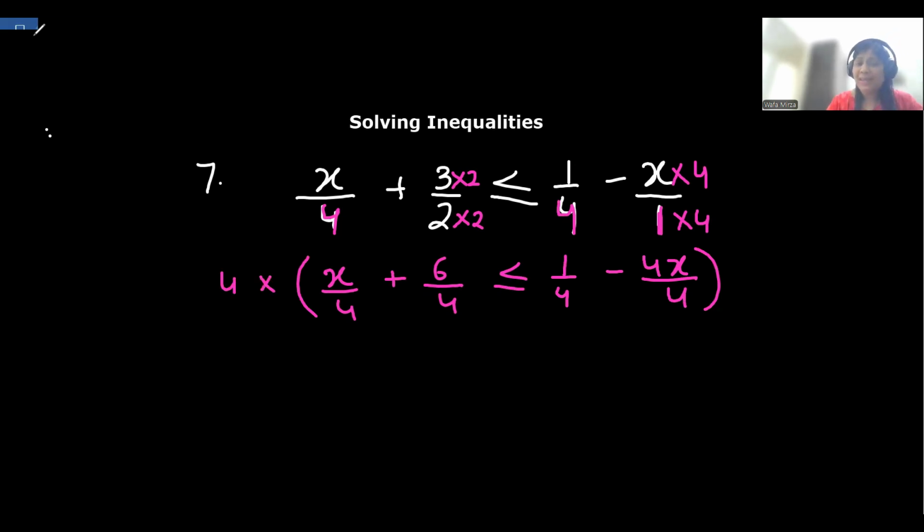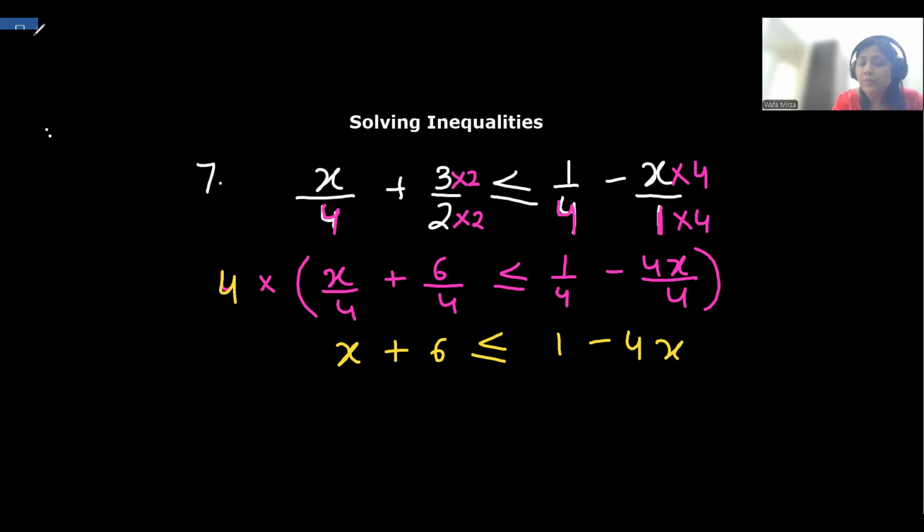So if I multiply throughout by 4, the 4 and 4 will cancel out from each term. And now my inequality will be x plus 6 is less than or equal to 1 minus 4x.